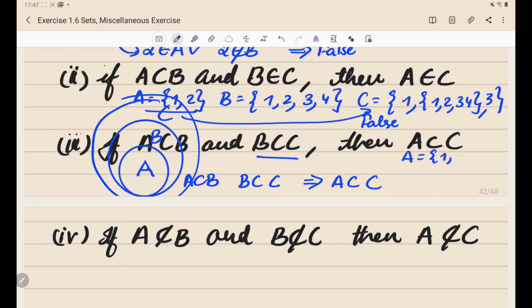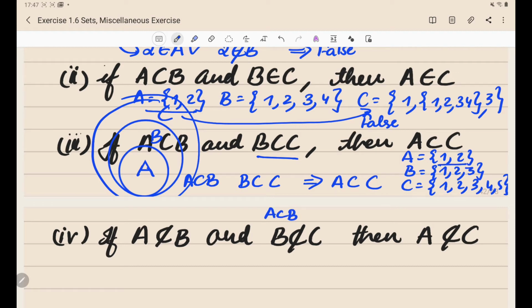See, A is {1, 2}. And it is said that A is a subset of B. So B has the elements of A and other elements other than what are there in A. A is a subset of B, sorry. Then take C as {1, 2, 3, 4, 5}. Check here. When you take the values, you can say that A is a subset of B, right?